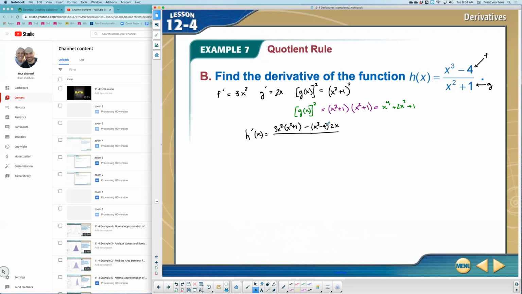I guess I don't need to put that in parentheses since it's just a single term. And all this will be divided by g squared, x to the fourth plus 2x squared plus 1.